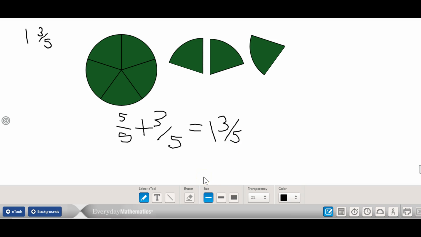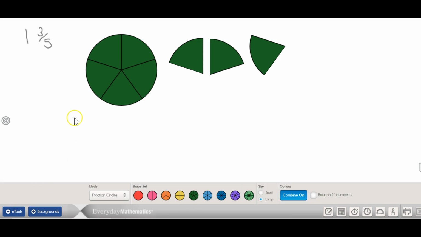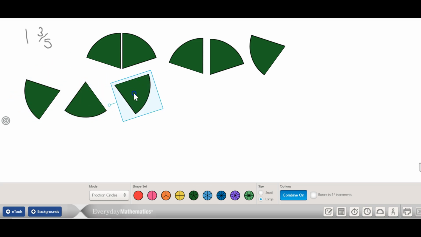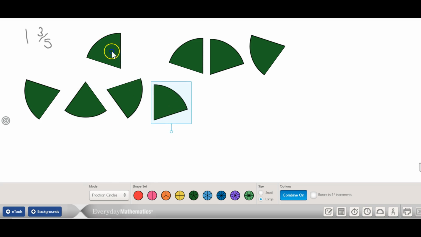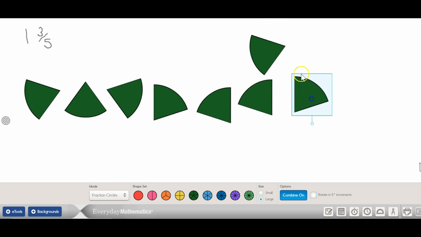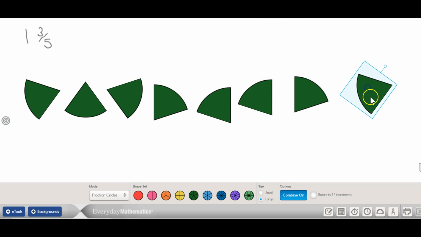I can decompose this in other ways. Let's decompose this into the sum of unit fractions. 1/5 plus 1/5 plus 1/5 plus 1/5 plus 1/5 plus 1/5 plus 1/5 plus 1/5.